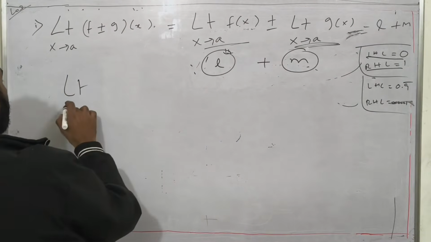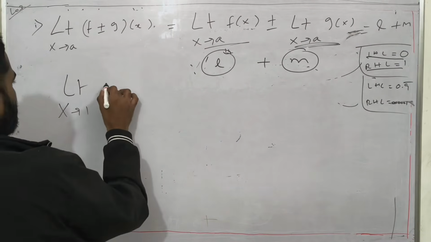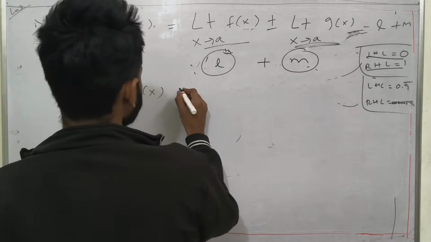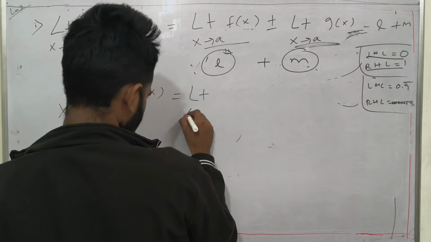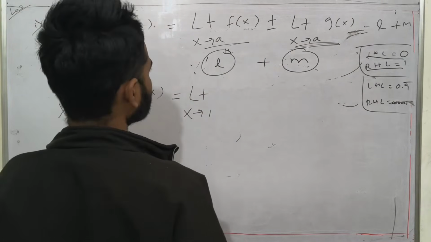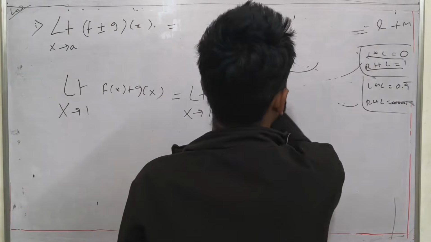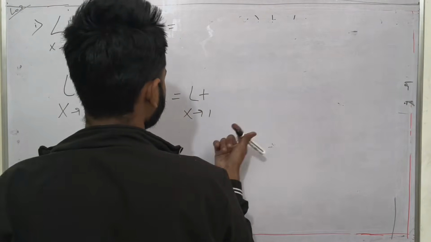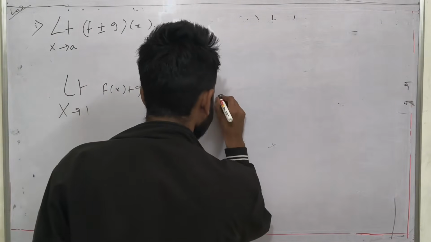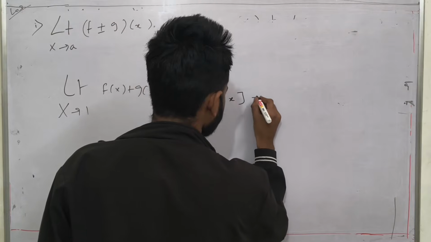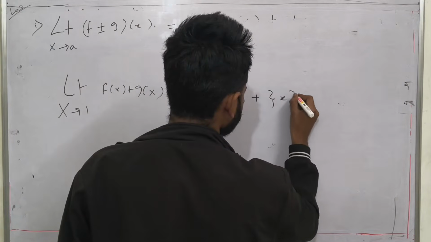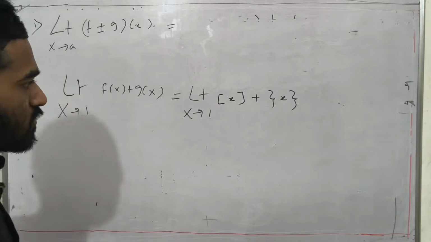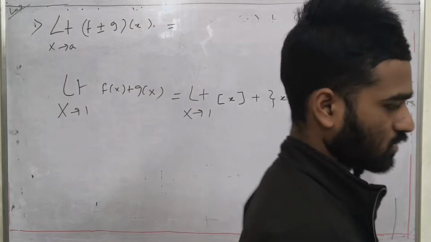So the question is limit x tends to 1 of f of x plus g of x, ठीक है, so equals limit x tends to 1 of f of x is step x plus flower part of x. Okay, so here how will I find? That is the question.